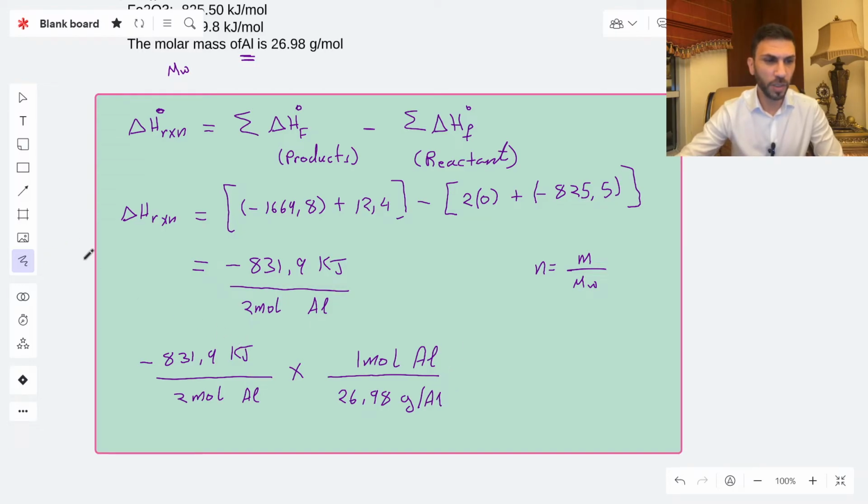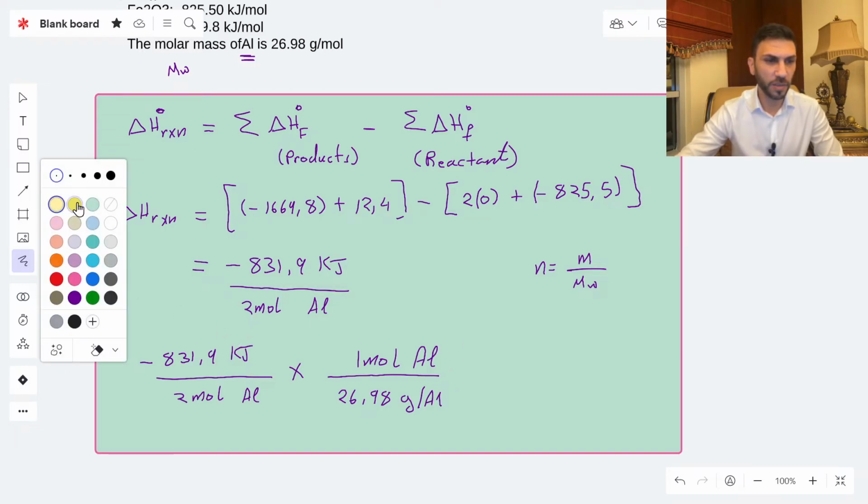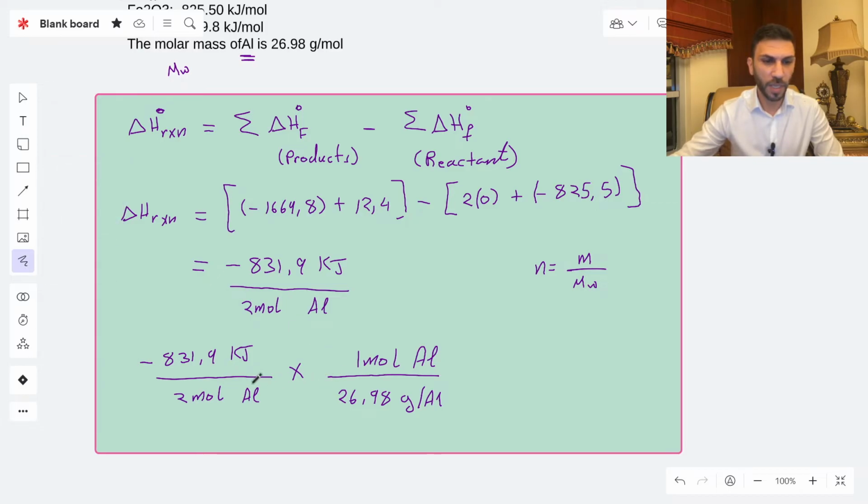So unit cancellation: mole of Al, mole of Al, leaving the unit only grams.